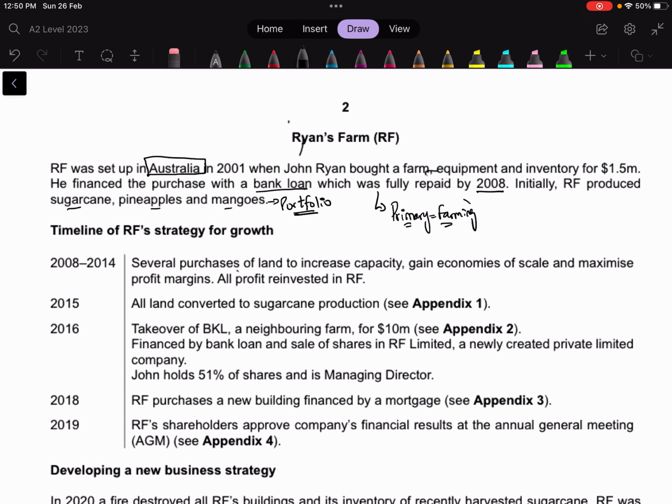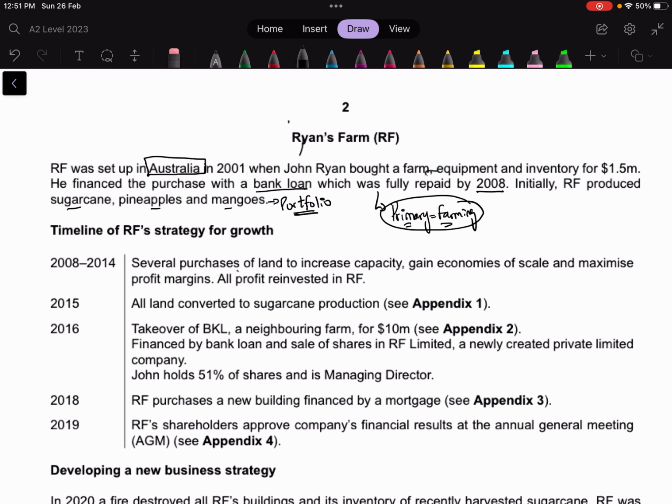Try to think of a few important factors that are going to affect its success. For example, a lot is dependent on the weather, or how does this business protect itself from the danger of pest invasion, from the danger of fire or floods, and so on and so forth.